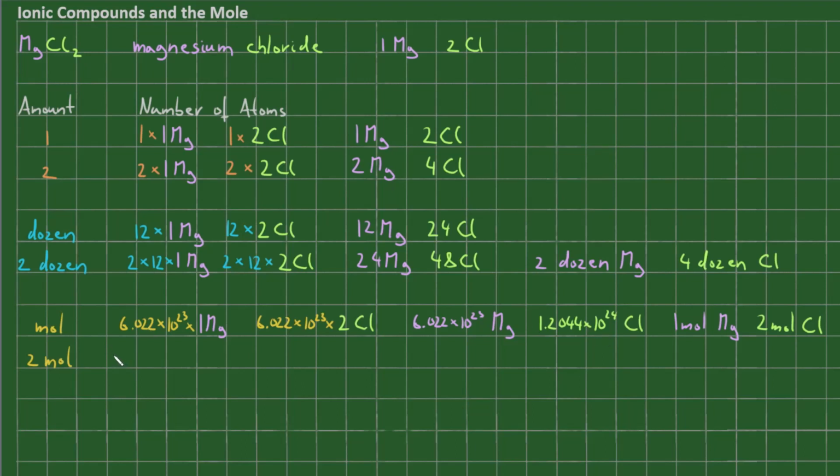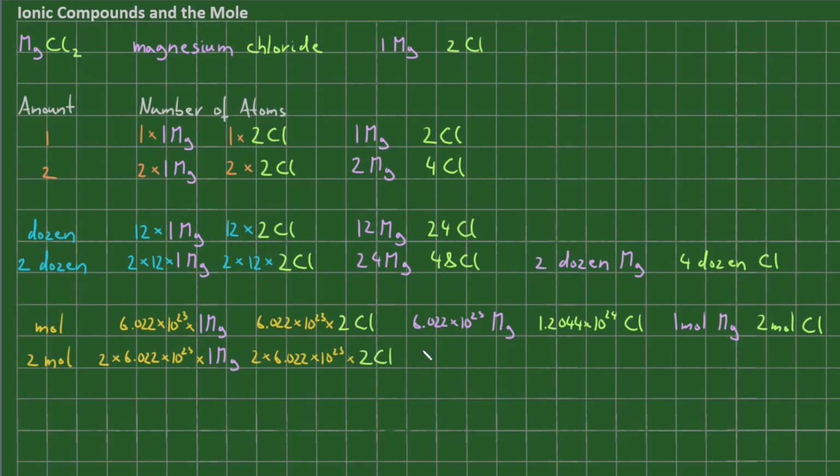I will have 2 multiplied by the mole, which is 6.022 times 10 to the 23rd, multiplied by 1 magnesium. And I will have 2 multiplied by 6.022 times 10 to the 23rd, multiplied by 2 chlorines.